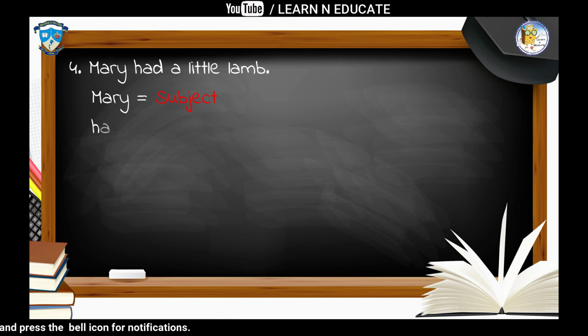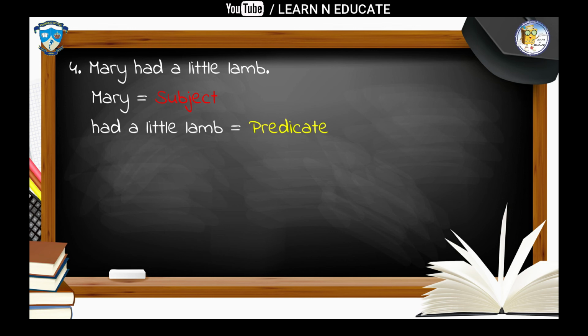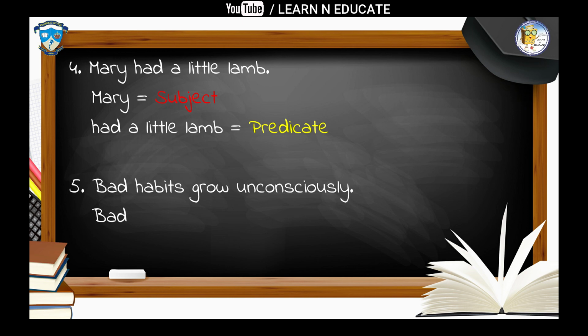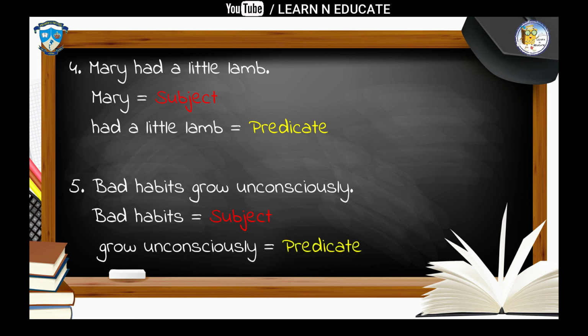Yes, Mary is the subject and had a little lamb is the predicate. Now let's see the last one. Bad habits grow unconsciously. Here, bad habits is the subject. Grow unconsciously is the predicate.